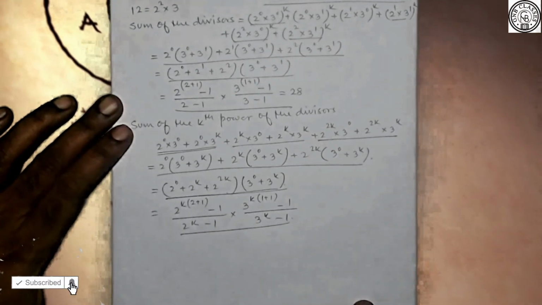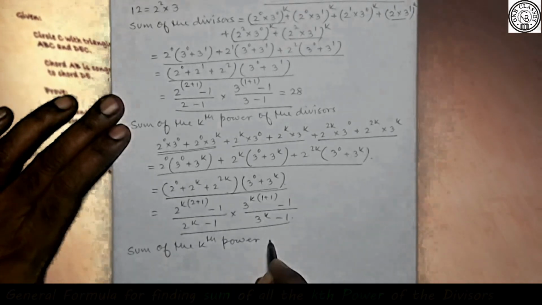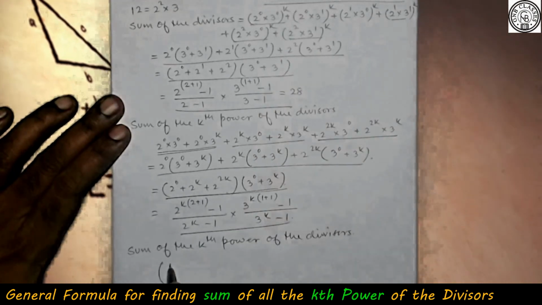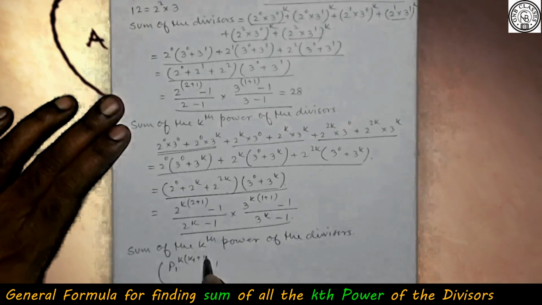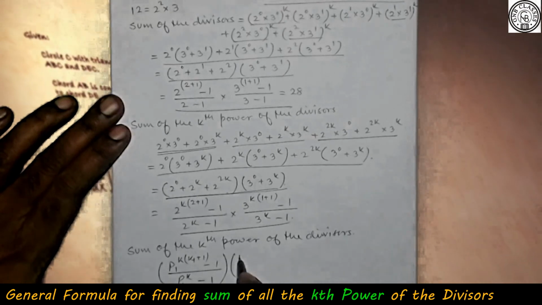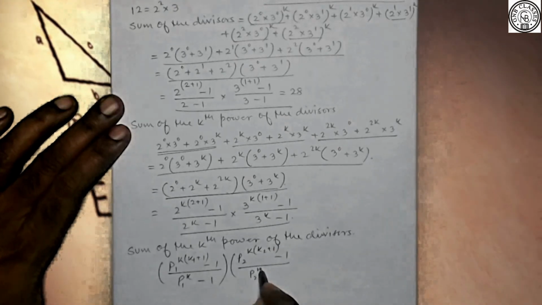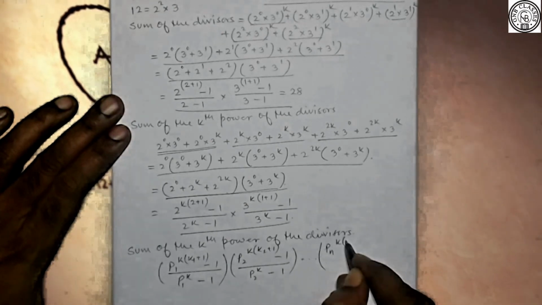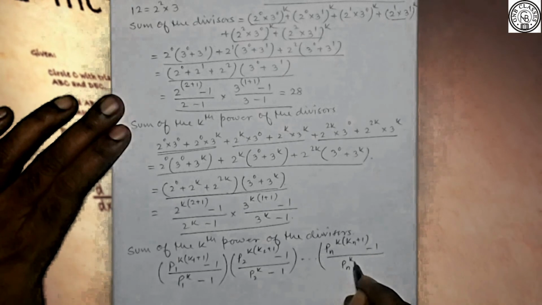Therefore, the general formula for the sum of the kth power of the divisors will be p1 to the power k times k1 plus 1, minus 1, by p1 to the power k minus 1, into p2 to the power k times k2 plus 1, minus 1, by p2 to the power k minus 1, and this thing goes on, up to pn to the power k times kn plus 1, minus 1, divided by pn to the power k minus 1.